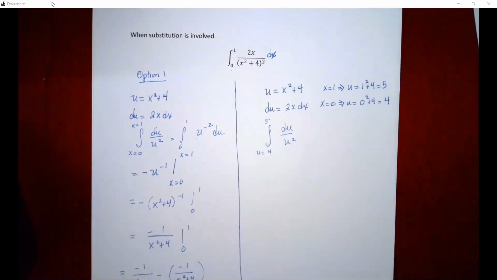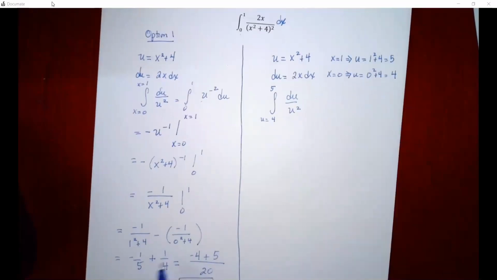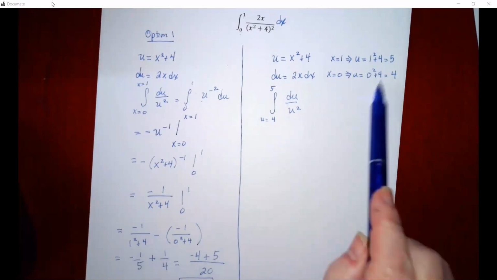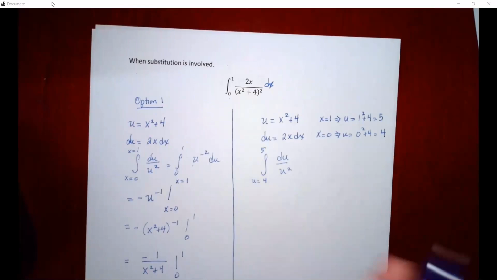So basically what I did was the work that I did down here in the previous problem when I replaced x with 1 and x with 0, I already did it up here. If you change your limits to u limits, you never have to go back to x's again in that problem.